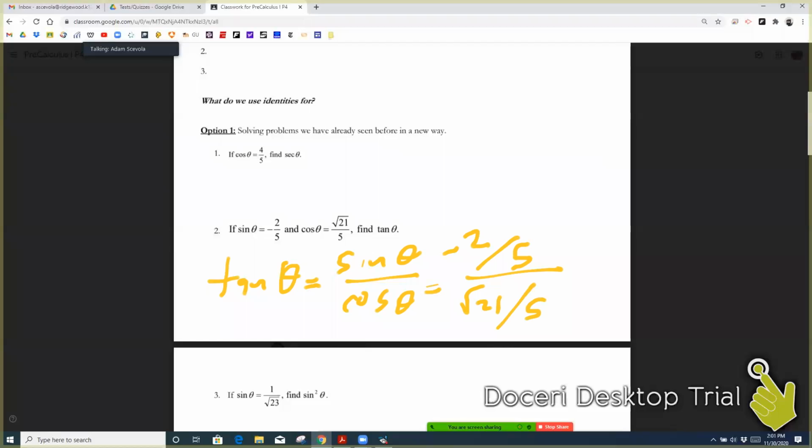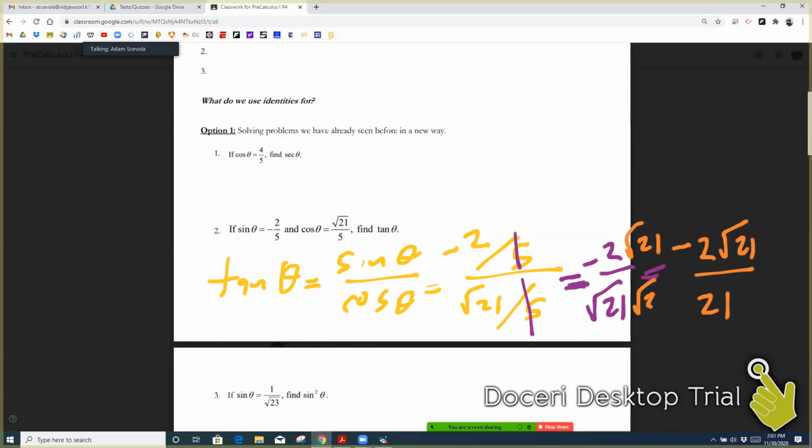Now when we're simplifying that, the 1/5 can cancel out, and we get -2 over √21. Then we could simplify it, rationalize it, so -2√21/21. We get that by multiplying by √21/√21.